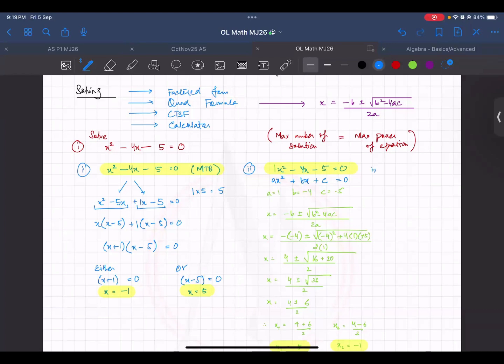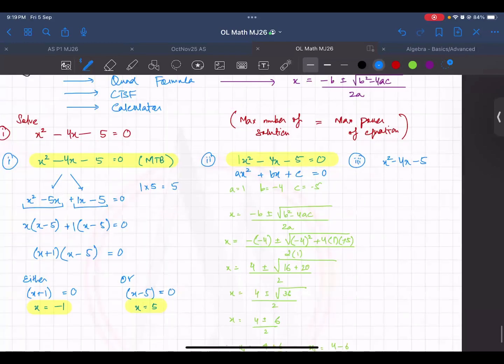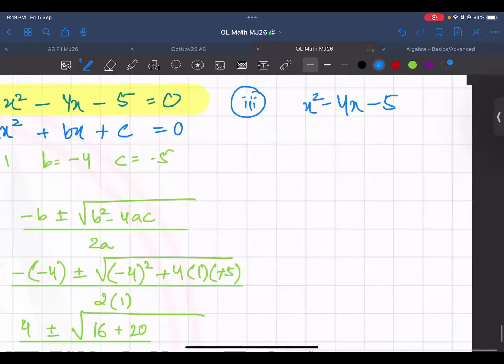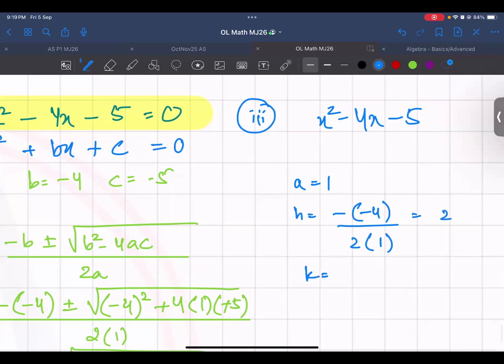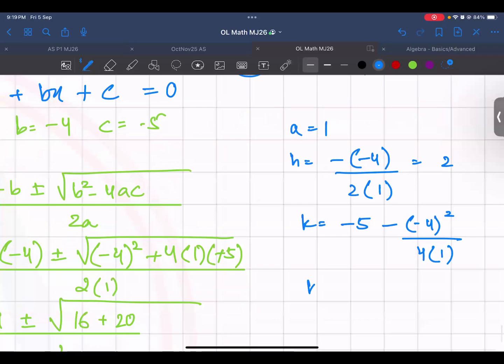Then the third way, completing the square, from x square minus 4x minus 5. How do you change it to completing the square? You again match your ax square plus bx plus c, get the values of a, b, c, and then a is your 1, h is minus b upon 2a, which is 2, and k is c minus b square upon 4a, which would become -5 minus 16 upon 4. -5 minus 4 would be -9.